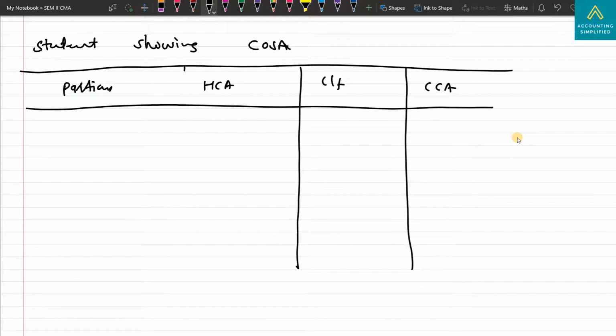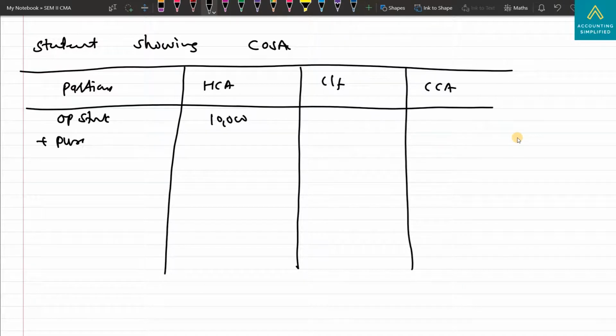So comparatively this is an easy example compared to the last examples, right? Opening stock is given 10,000. I am writing 10,000 plus purchase. So purchase is given 30,000. So I am writing 30,000. Total 40,000. Only COGS is not given, right?